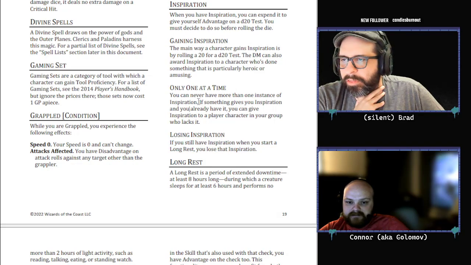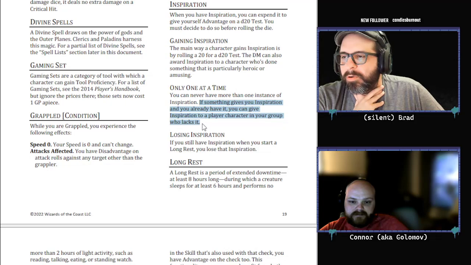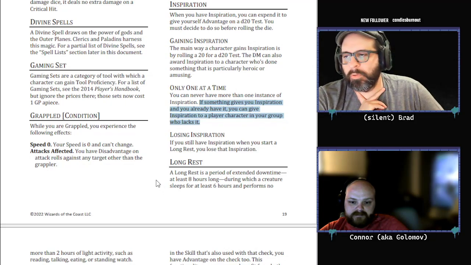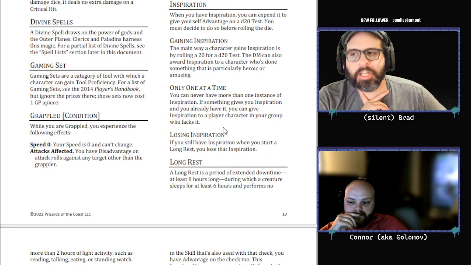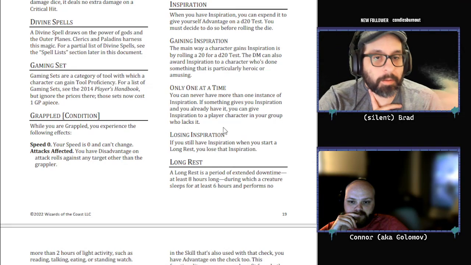And then the other thing: if you get inspiration and already have it, you can give it to a player in your group who lacks it, which is slightly different. Before it was, when something is going on, you can say, I'm going to use my inspiration for them to re-roll.